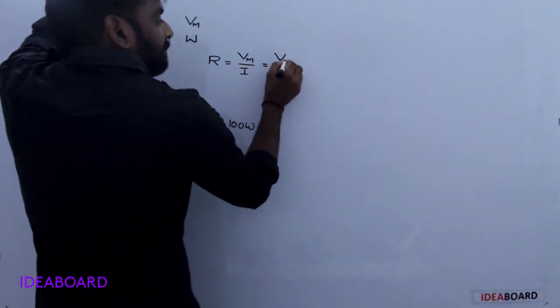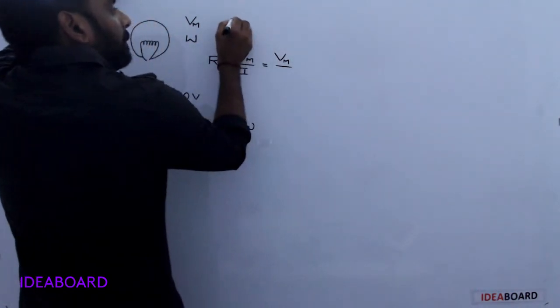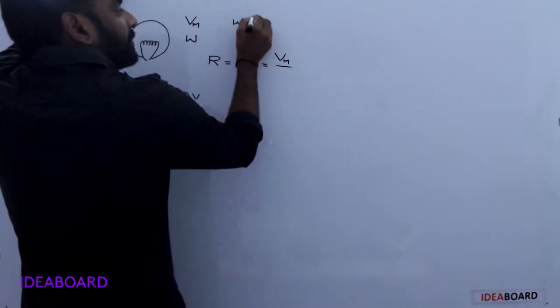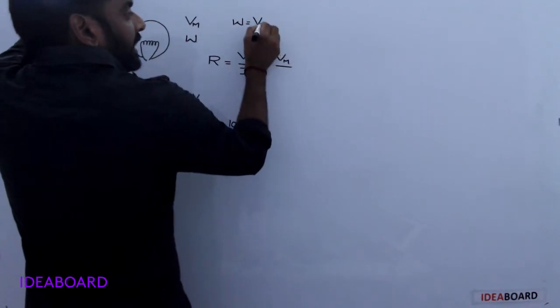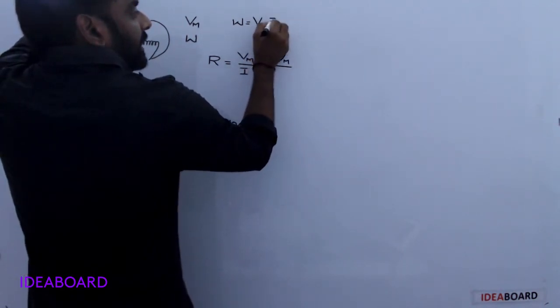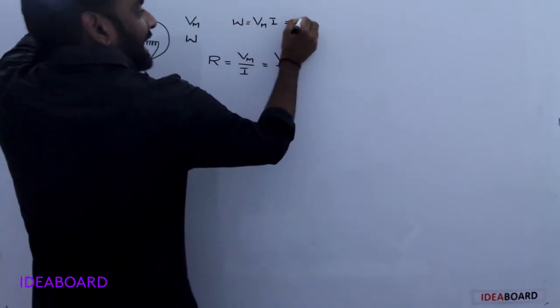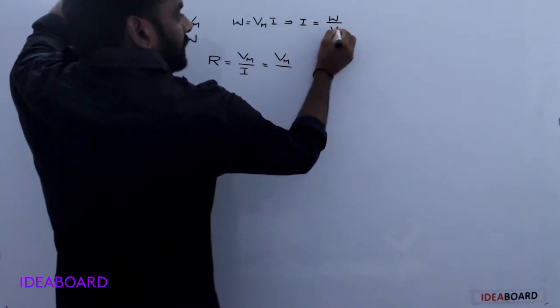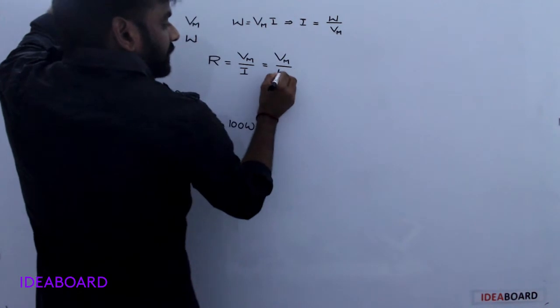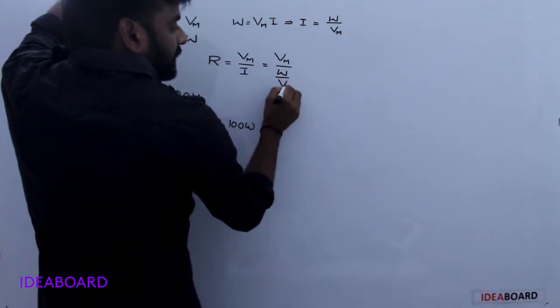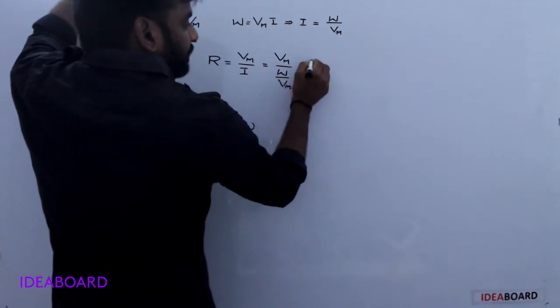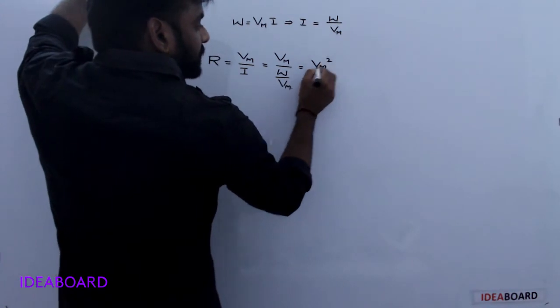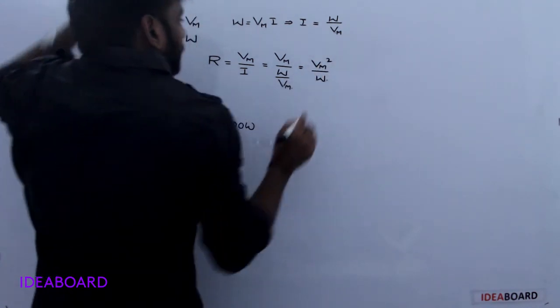Power is equal to VI. From this, I is equal to W by V suffix M. So resistance is V suffix M square by W.